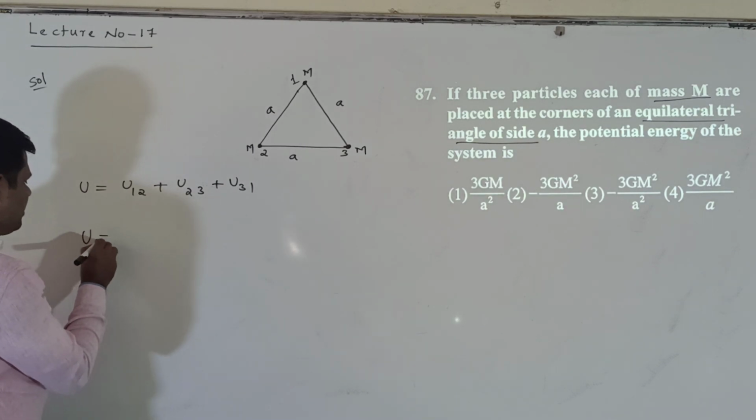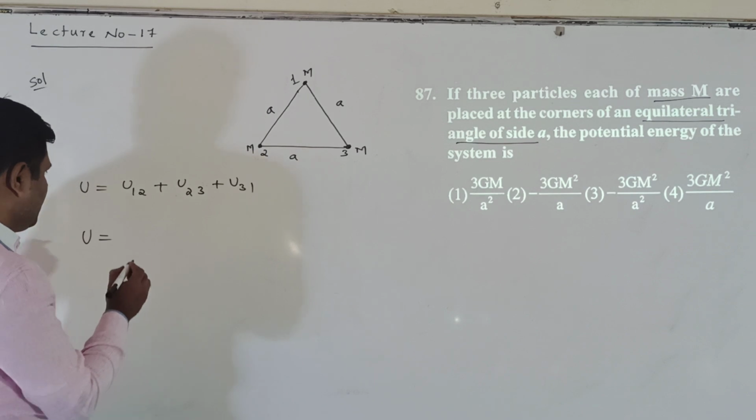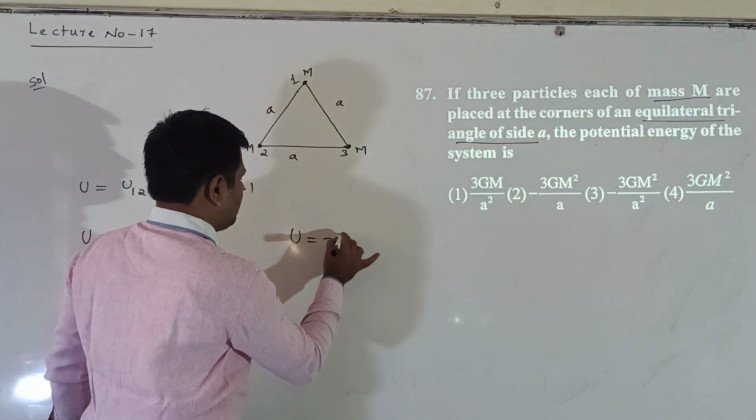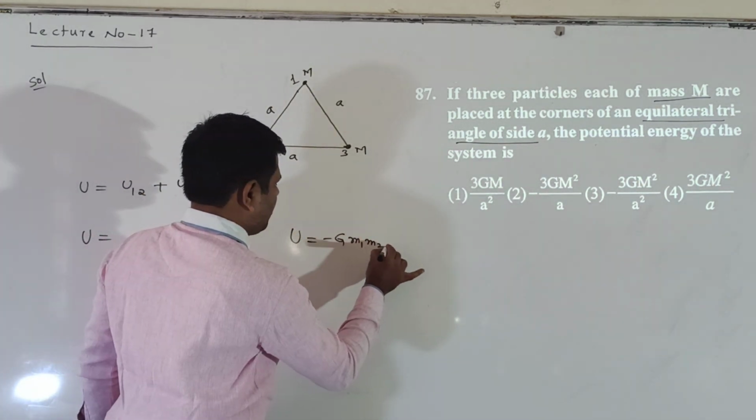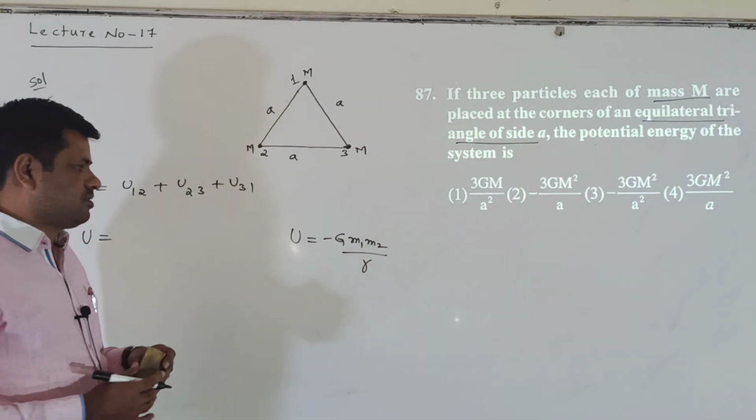First of all, the potential energy between particles 1 and 2. The general formula is U equal to minus G m1 m2 by R, where R is the distance between the two particles or masses.